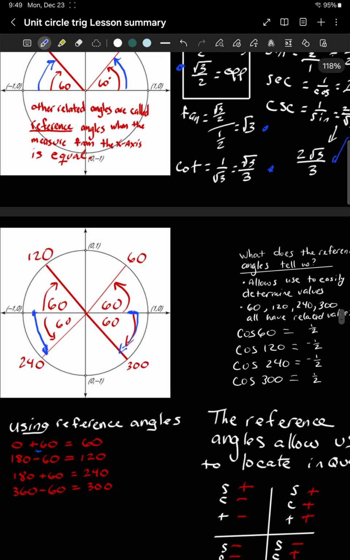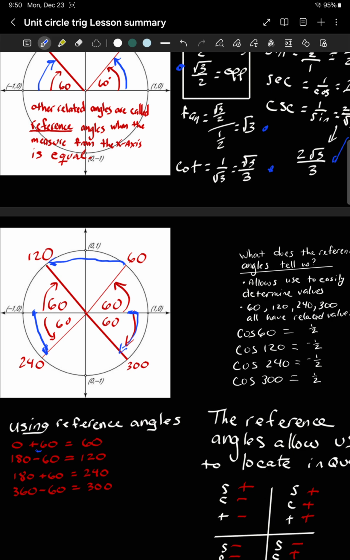Now, we also know the cosine is the x value. So if I took that 1/2 and I went this way, it still would be 1/2, but now it's going to be negative because it reflected over the y-axis. Your x values, where 120 degrees are now negative.